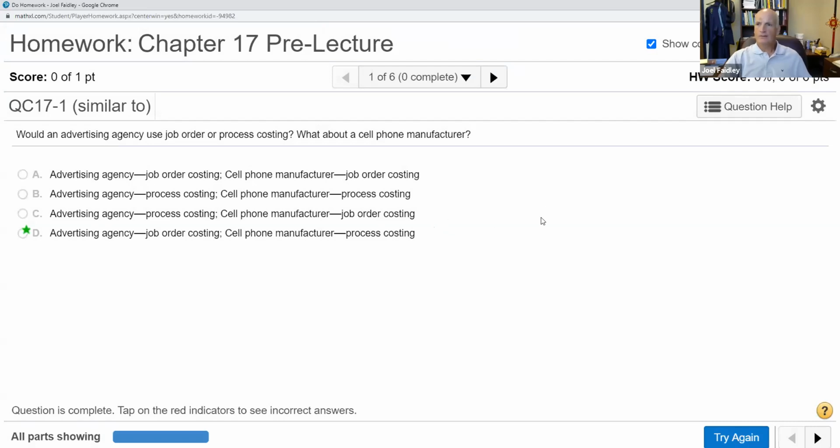This first exercise is going to compare process and job order. When we talk about job order, it's like a construction site, like building our football stadium here. That would be considered a job order. Or a company building made-to-order yachts, because they typically aren't an assembly line type, so it's like an individual project going on.